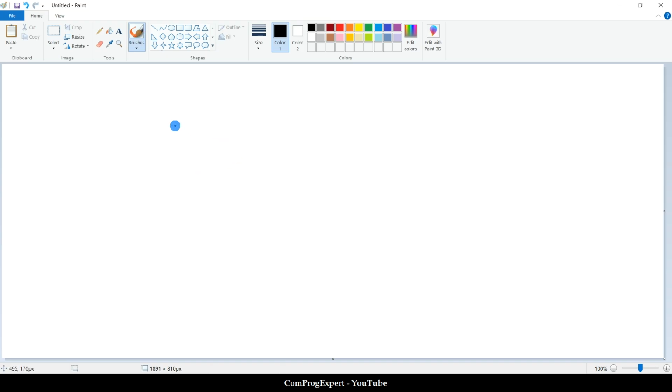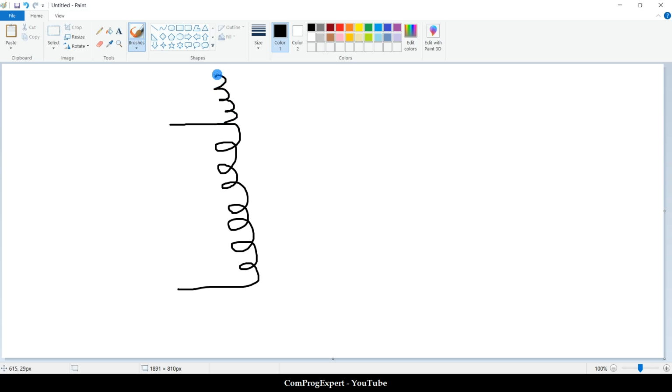This is the coil. The coil can have a higher number of turns. This is the V in input voltage, and the output voltage is this one, V out. So if we change the position of the tap, if we increase the number of turns, we can increase the output voltage.